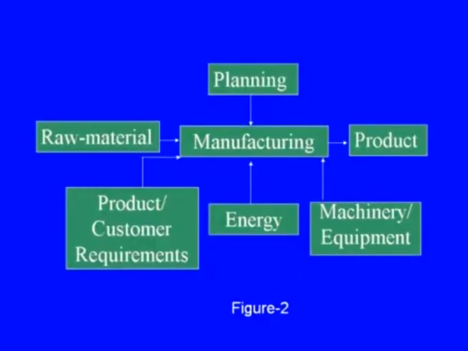Manufacturing as a system involves other inputs like energy, planning, appropriate machineries and product or customers requirements apart from raw materials. Hence, the input output model can be modified as shown in the figure 2.